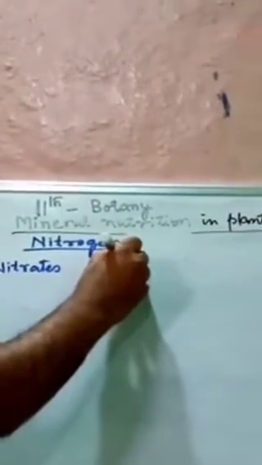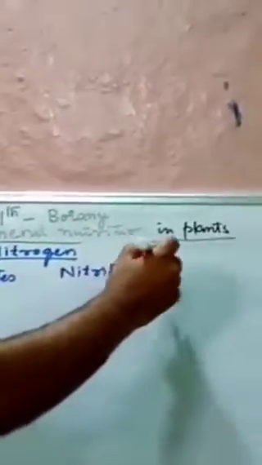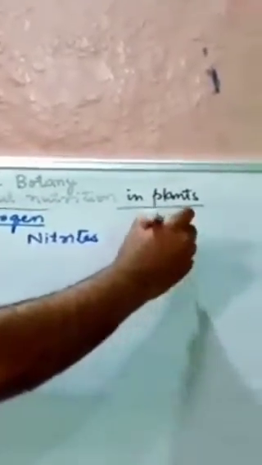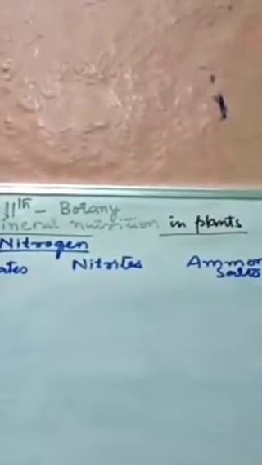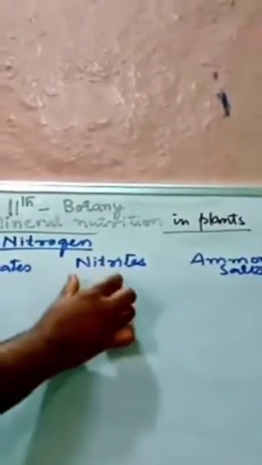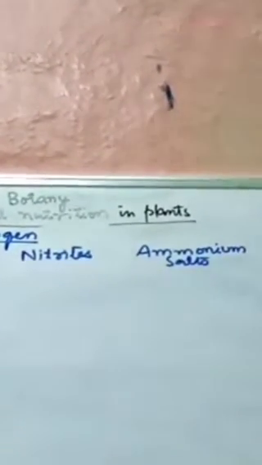Second one, nitrites, and third one is the ammonium salts. So this nitrogen is available to the plants in 3 different forms: nitrates, nitrites, and ammonium salts.